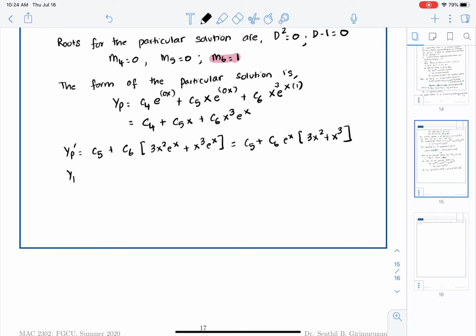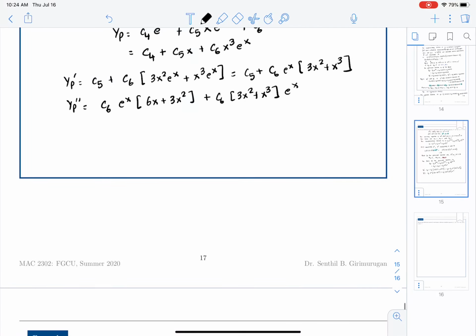The second derivative is c6 e raised x multiplied by 6x plus 3x squared, plus c6 multiplied by 3x squared plus x cubed times e raised x. Using product rule here, which would mean c6 e raised x multiplied by x cubed plus 6x squared plus 6x.